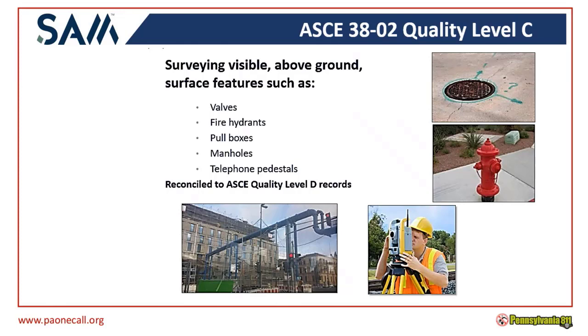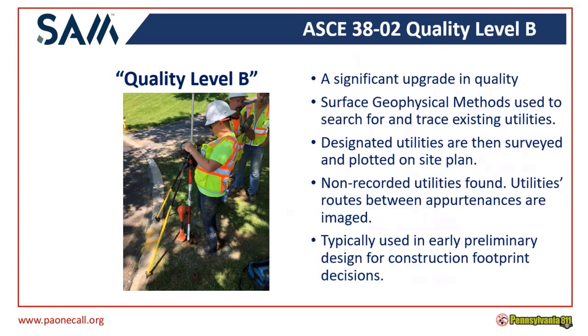And what I mean by that is going into the next quality level. When you get to quality level B, this is the most preferred method of SUE that I would ever recommend. This gives you the picture of our crews going out in the field.